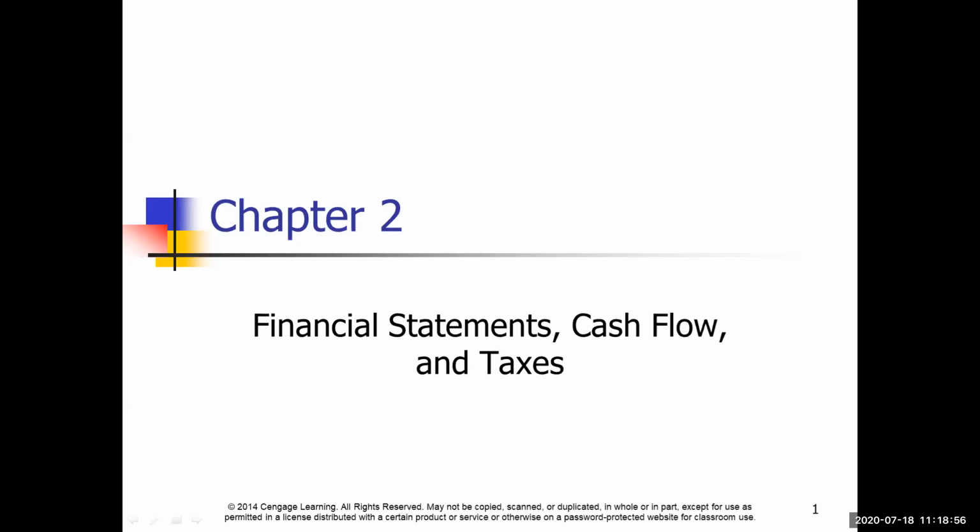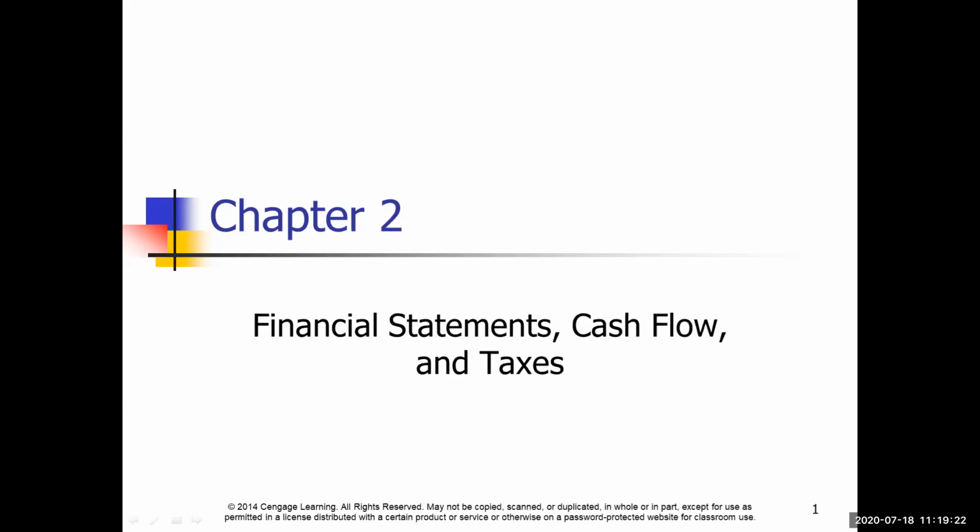In the first session, we discussed what is finance function, and the role of the finance manager. Now, we'll discuss what exactly he does with the financial statement. This session talks about the financial statement and financial statement analysis.